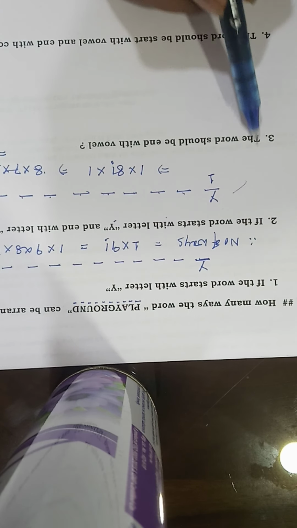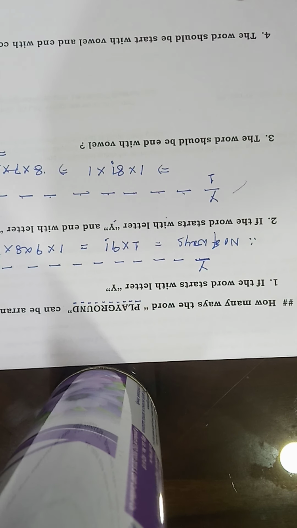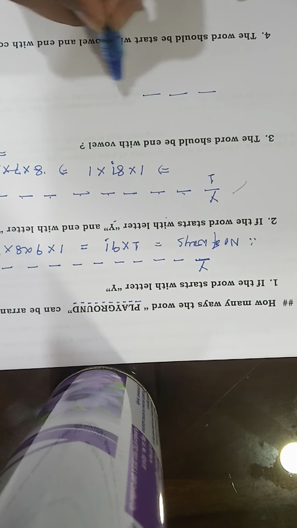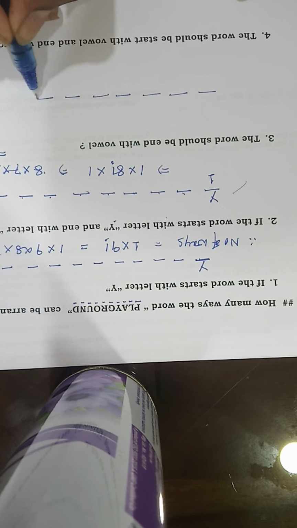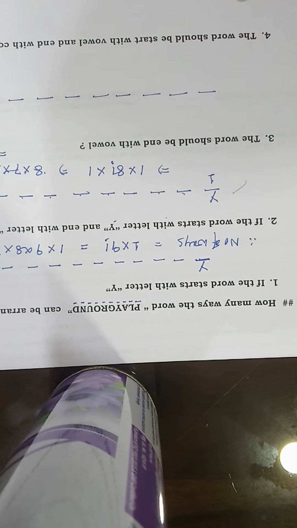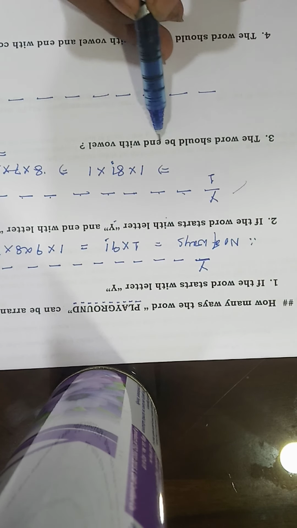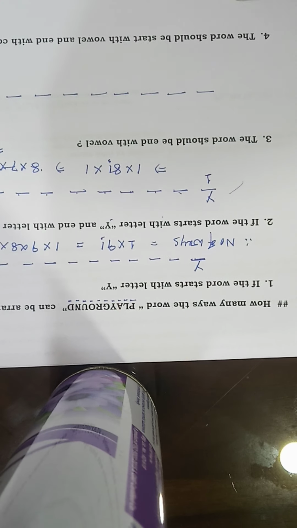Now the third one: the word should end with a vowel. There are 10 places, 1, 2, 3, 4, 5, 6, 7, 8, 9, 10. In this particular question, the word should end with a vowel. So how many vowels are there?